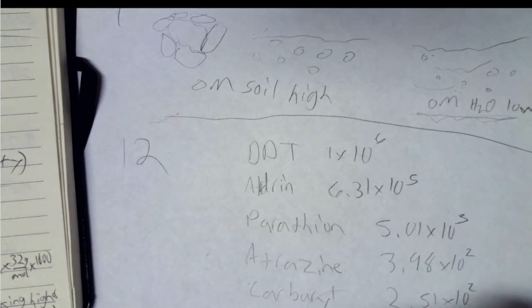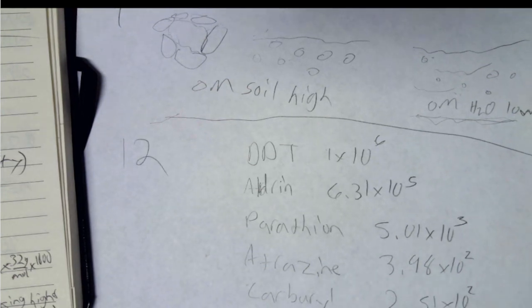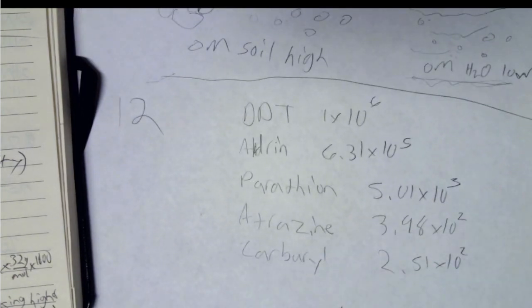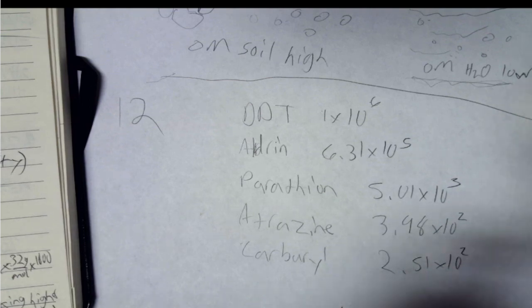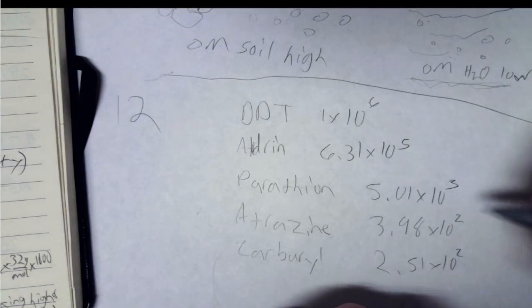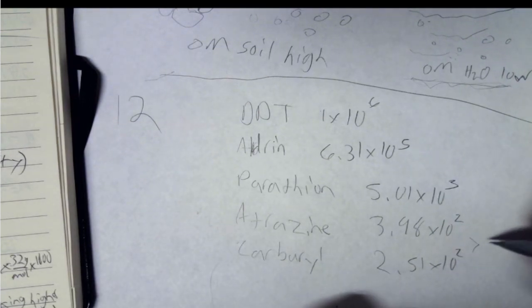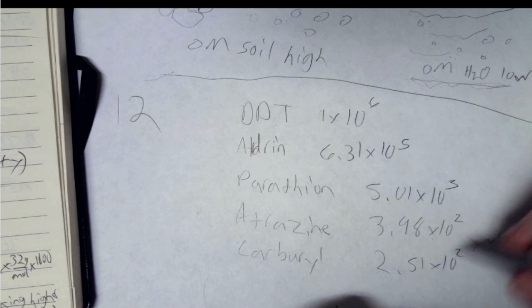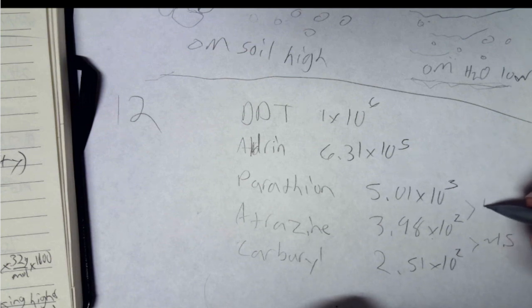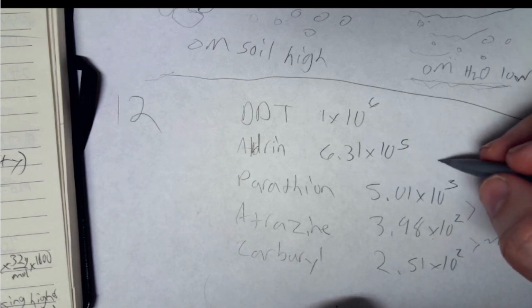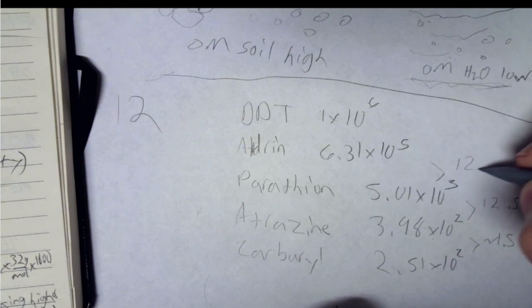Just looking at our direct comparisons of the sizes of these, this is a little bit less than 1.5 times smaller. This is about 12.5 times smaller. This is about 126 times smaller.